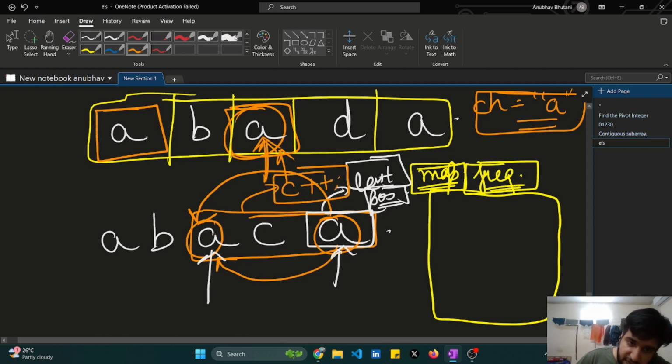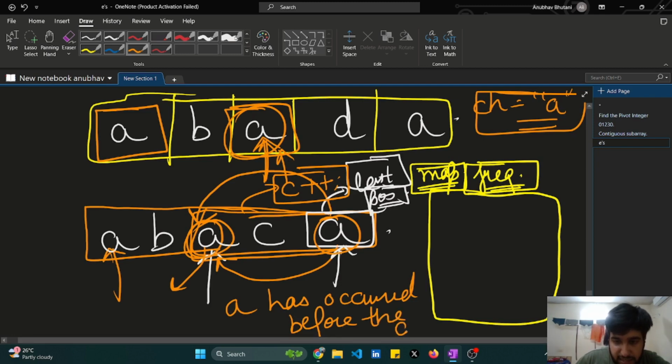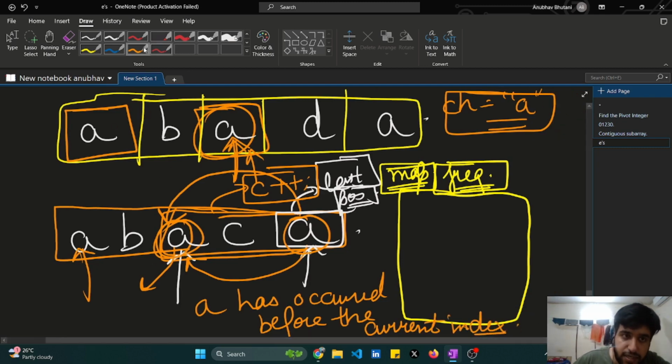Okay, and this can also be my answer, and A is occurring here also, so this can also be my answer. So the number of times A has occurred before the current index, I have to add it to my count, because see, A is occurring two times here, one here and one here. So both are adding up to 2.